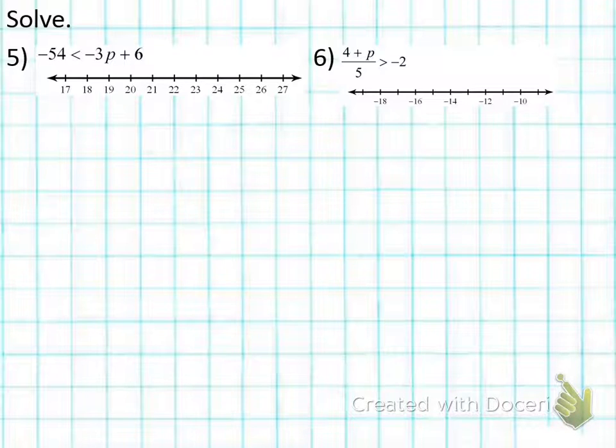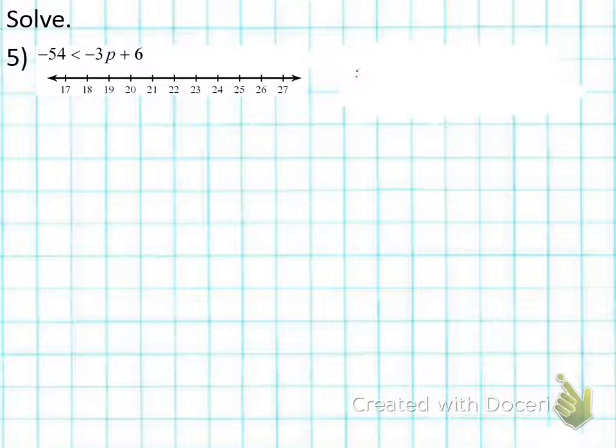Number 5. Let me start this one up for you. Write this down. We got negative 54 is less than negative 3p plus 6. Are there any subtraction signs by the p? No. Good.